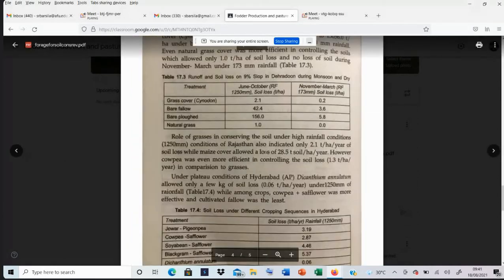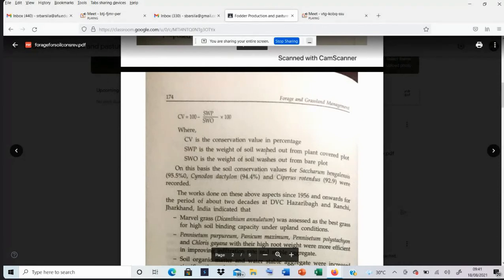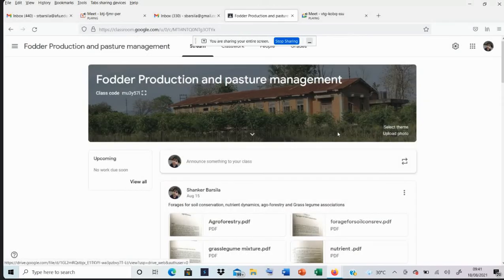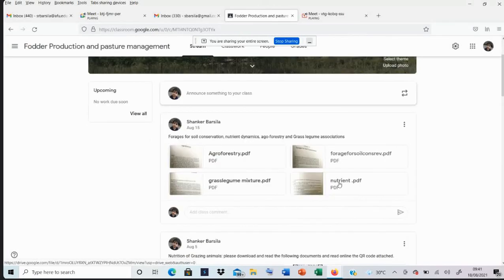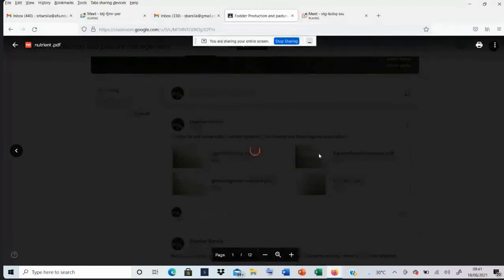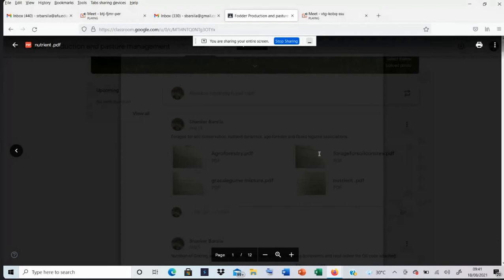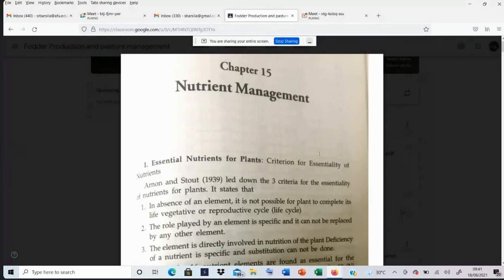So there are some points to discuss about the importance of forests and the special role of forests in environmental balance, okay? The next thing to deal with is nutrient recycling, okay? In the nutrient recycling part, I have already told you we have three sections to deal with about nutrient management in soil, that means nutrient recycling in grassland soils.